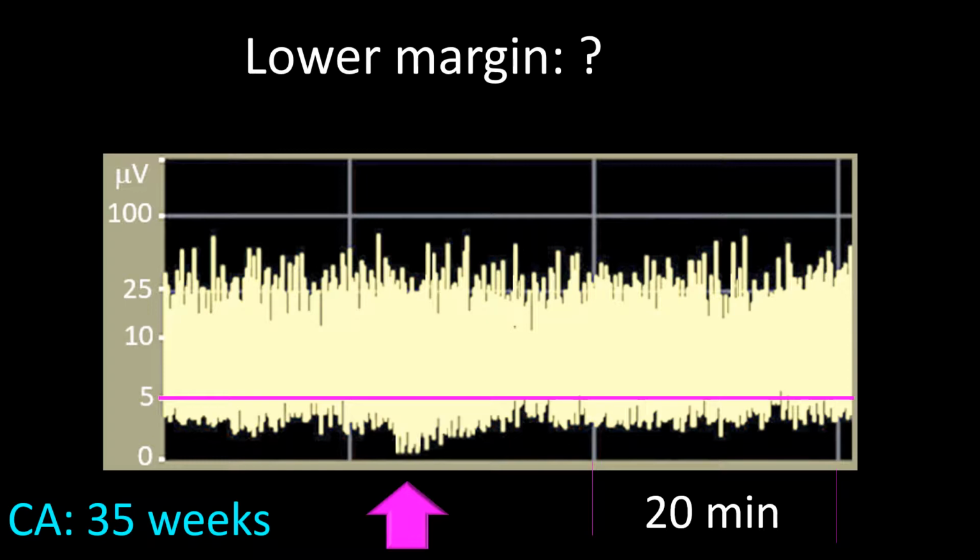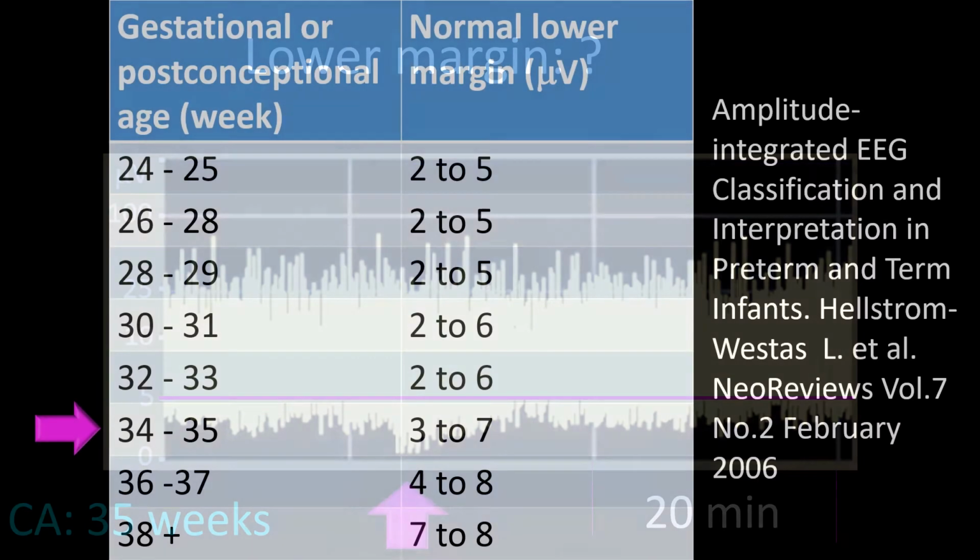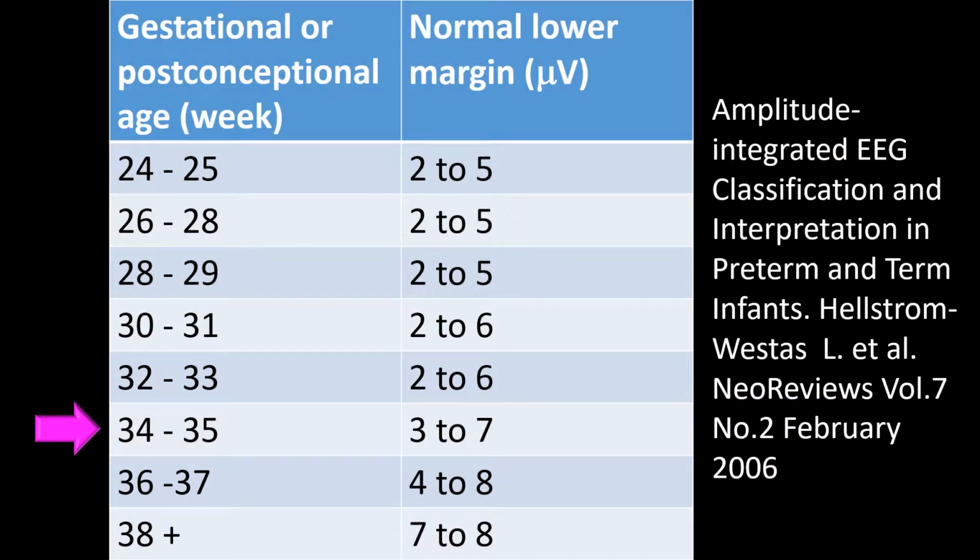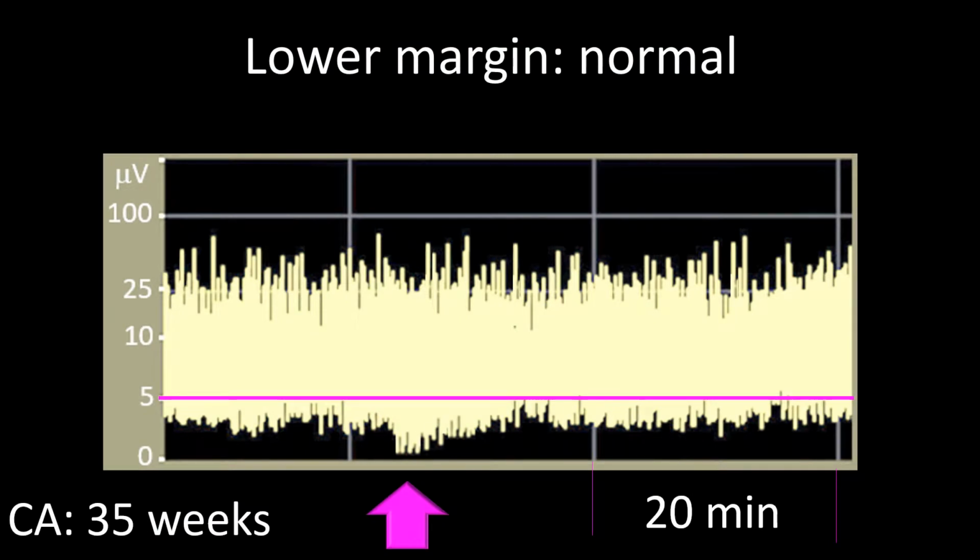But conceptual age in this case is 35 weeks. As you can see in this table, which I introduced before, in normal neonates 34 to 35 weeks conceptual age, lower margin of 3 microvolts are normal. So we will call the lower margin normal.